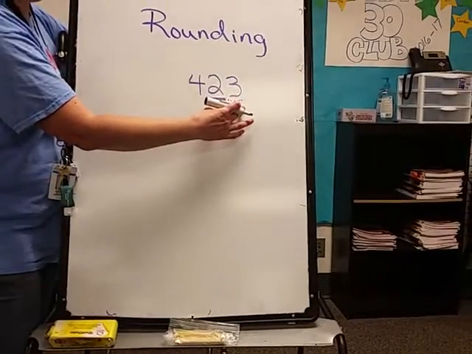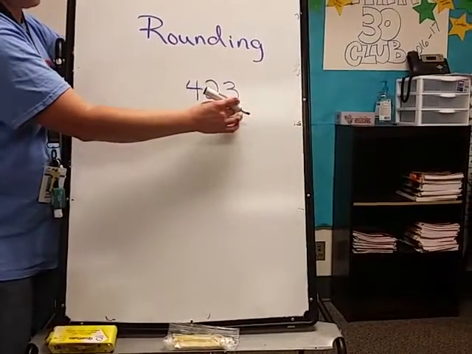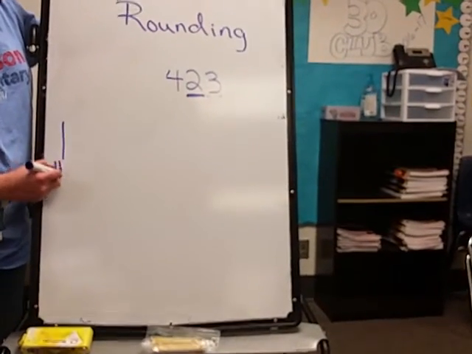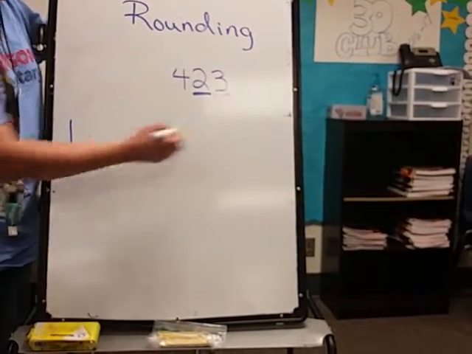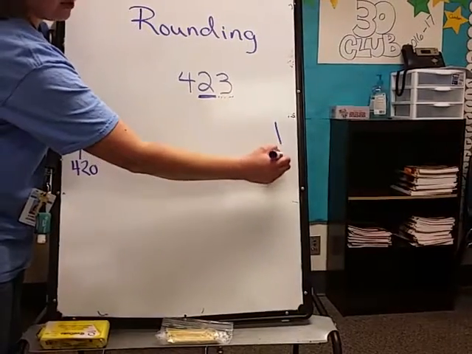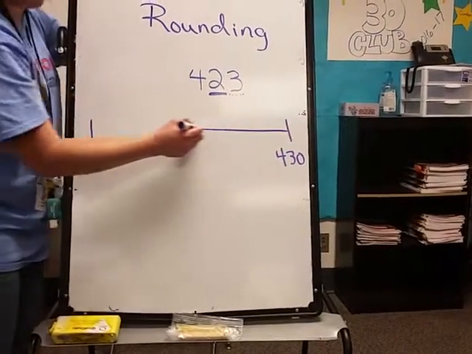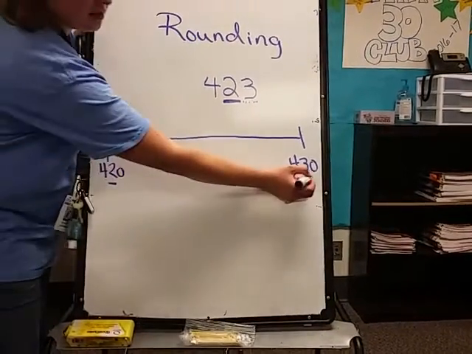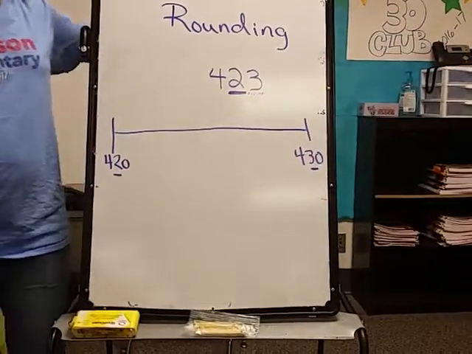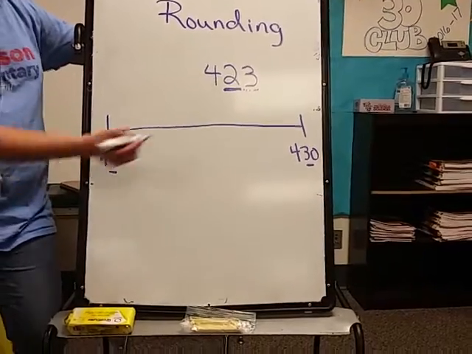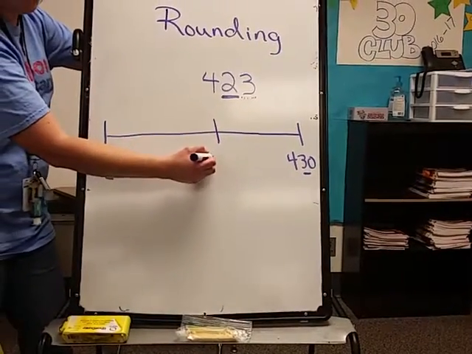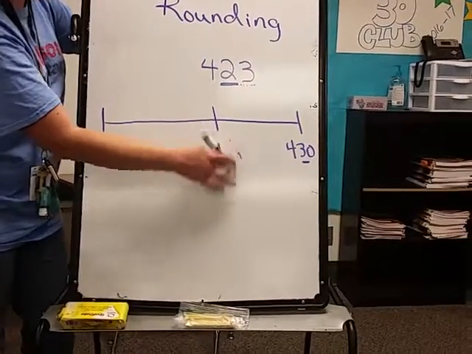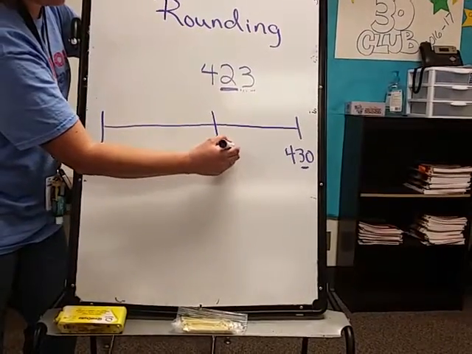I look and I think 423 is between 420 and 430. I chose those numbers because we're rounding to the nearest tens. Now, smack dab in the middle is going to be 425, yes, 425.